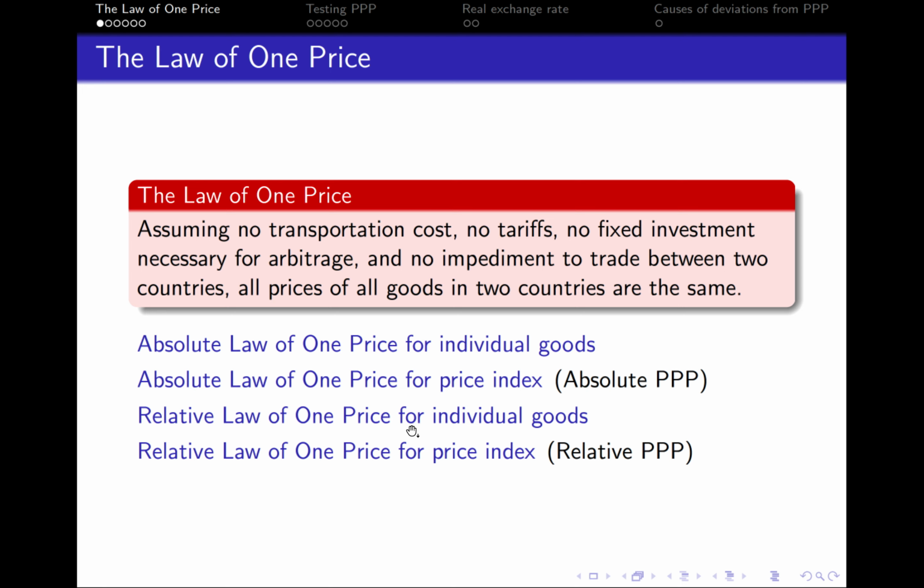Relative law of one price for individual goods and relative law for price index. So again, we will have now relative PPP. So now let's go through all these laws from the simplest one to the most complex one, but actually, as you will see, from the one that is most stringent to the one that is most lenient.